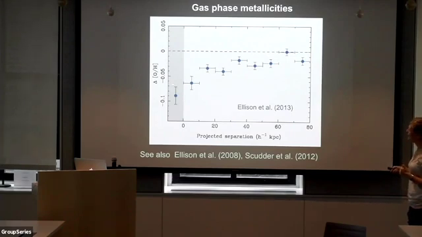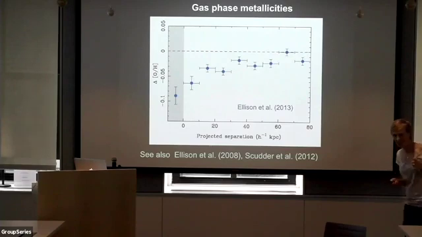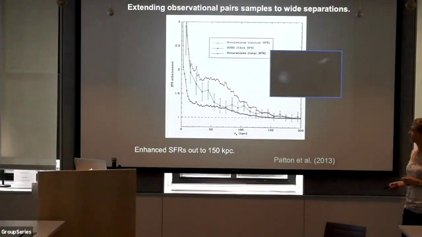So now we have a negative offset. The metallicities are lower than in the control sample. And again, this seems to be linked to the proximity of the galaxy pairs, with the strongest signature in the post-mergers. Just to go back to your previous plot, one more.